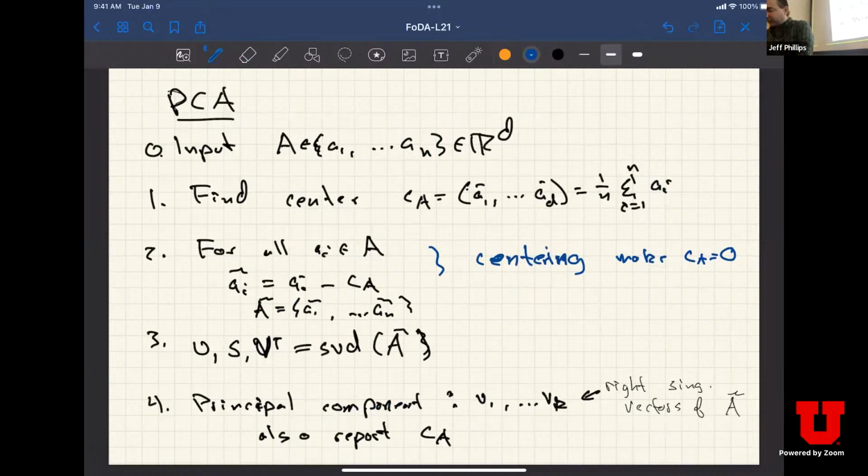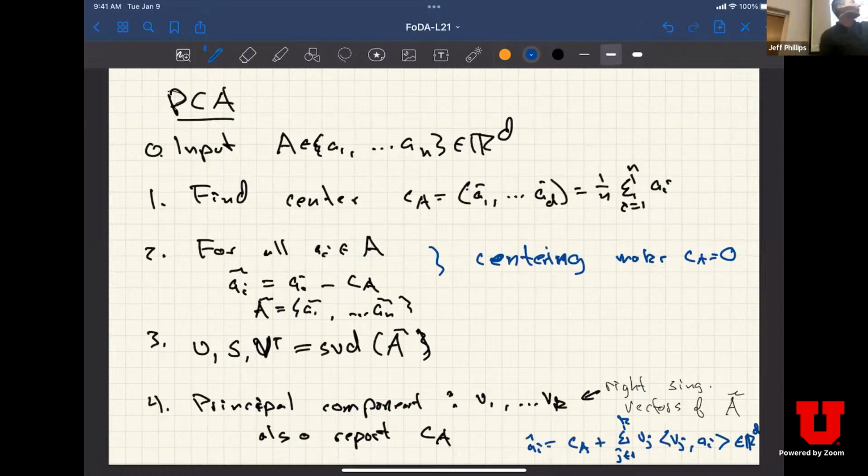I could say that Ai hat might be C of A plus the sum j equals 1 through k of Vj times Vj dot Ai. So this would give me something back in R^D.